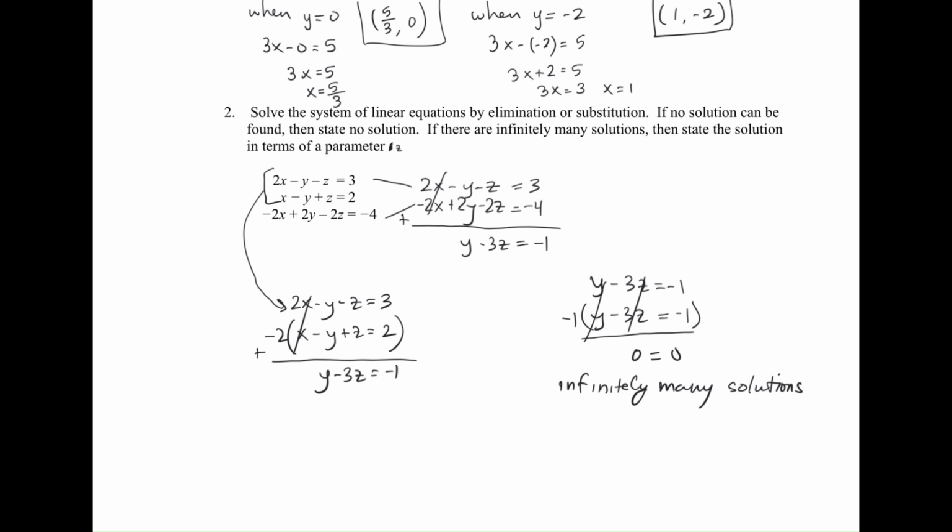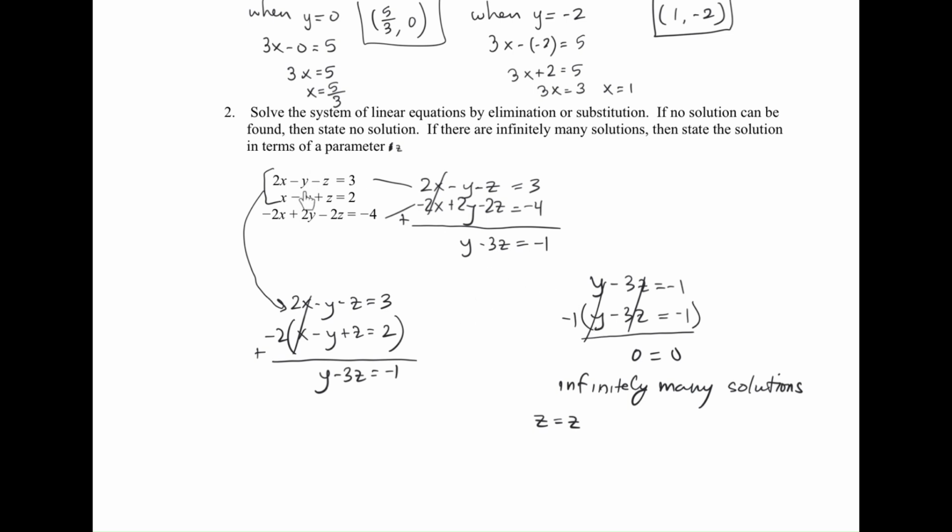So then we still need to represent the solution to this system of equations, even though there are infinitely many solutions. So if you remember, the process now is to represent the solutions in terms of a parameter, z. So we're just going to state that z is equal to itself. z is equal to z, which is kind of obvious. And then we go backwards through the process. We go to step 3 here, choose one of these two equations to solve for y.